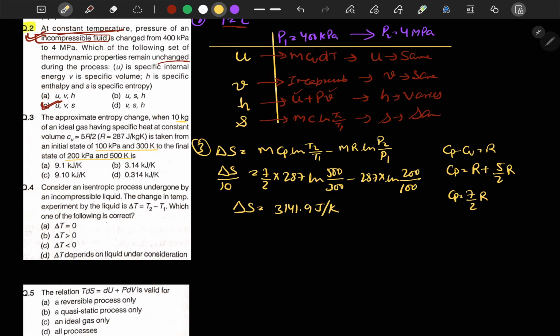This is the unit for entropy, joule per Kelvin or kilojoule per Kelvin. So the correct answer is B, 3.14 kilojoule per Kelvin. Okay, now moving to the next question, question number 4.